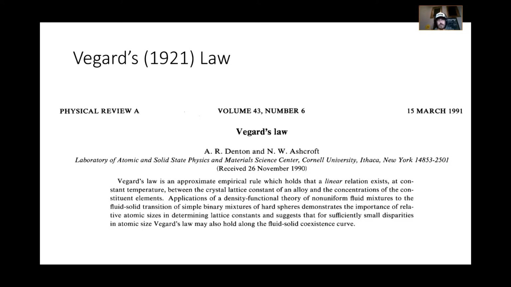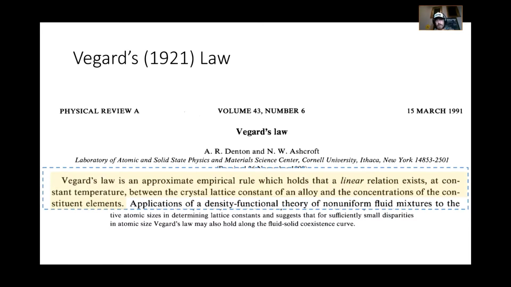This article from Physical Review A talks about Vegard's law. Vegard's law is an approximate empirical rule which holds that a linear relation exists at constant temperature between the crystal lattice constant of an alloy and the concentrations of constituent elements. So there's a linear relation between lattice parameter and the concentrations of constituent elements.